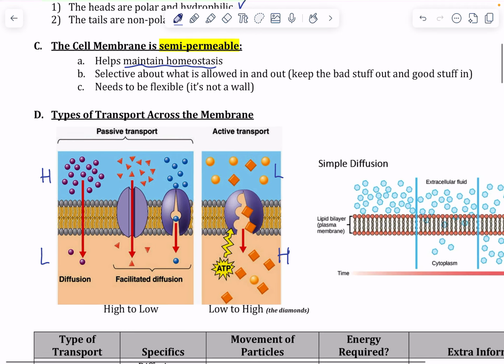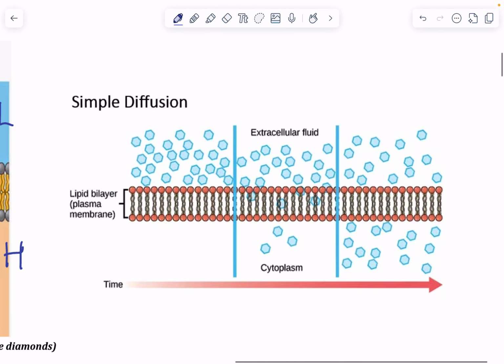So the point of diffusion, and ultimately anything moving across the membrane going from high to low concentration, is that over time, you will see equilibrium met. If you can see here, all my particles are on the outside of the cell, which we call the extracellular fluid, and over time, they are diffusing across the membrane.